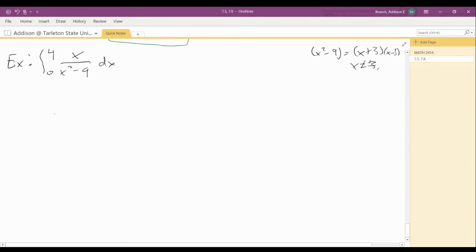So we have a discontinuity at 3, so we need to go ahead and break this up into 2 different limits.